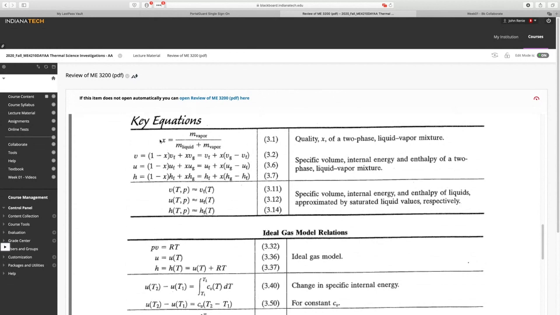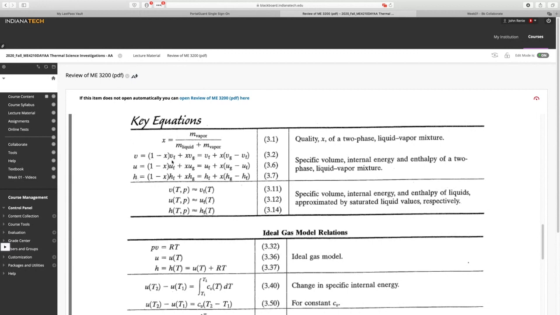As we go through the dome, the total mixture of liquid and vapor stays the same, but the vapor content will increase as you go toward the right-hand side of the dome. Once you know the location of that point on the saturation line, that allows us to determine the thermodynamic properties across the saturation line: the specific volume, the internal energy, as well as the enthalpy.